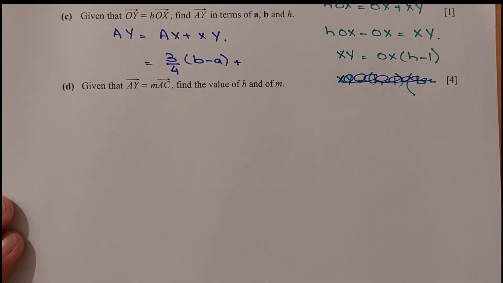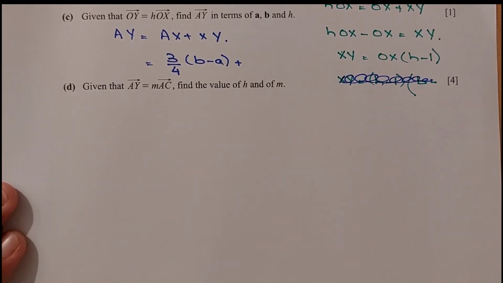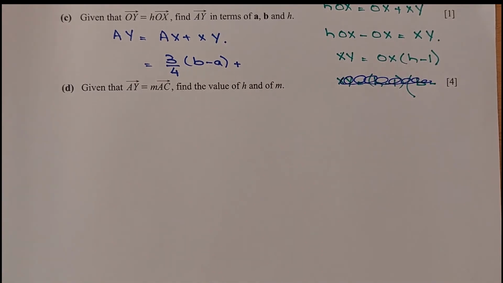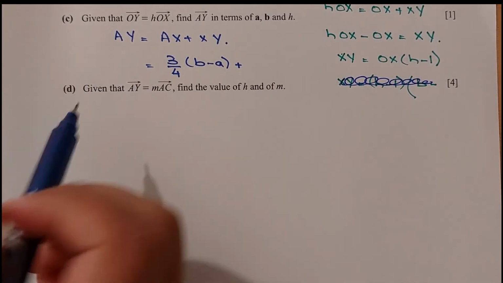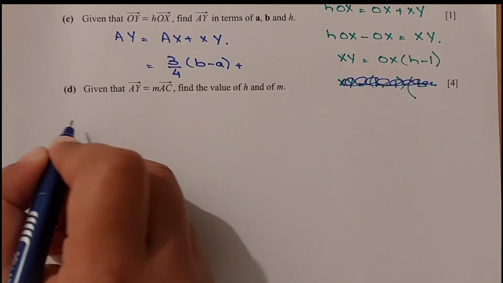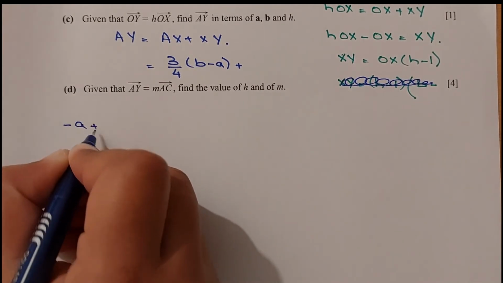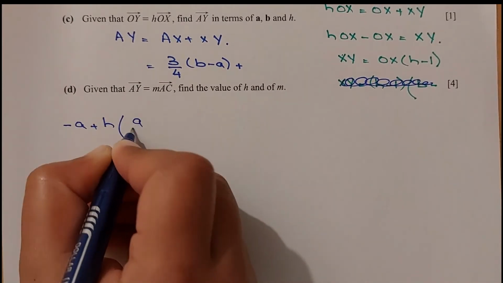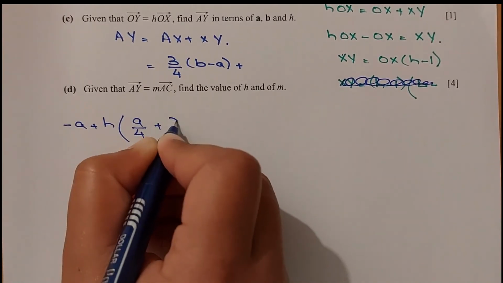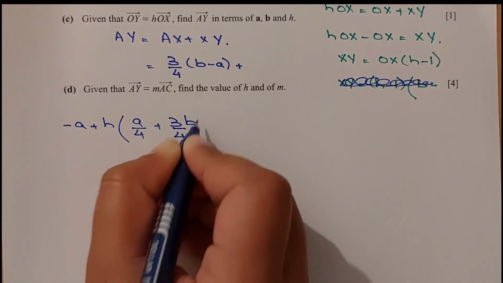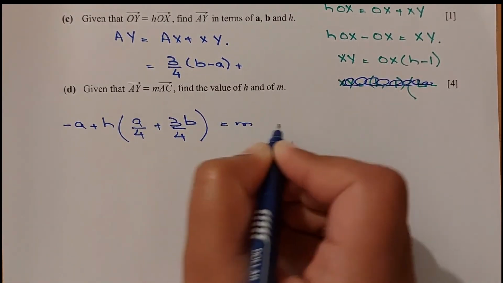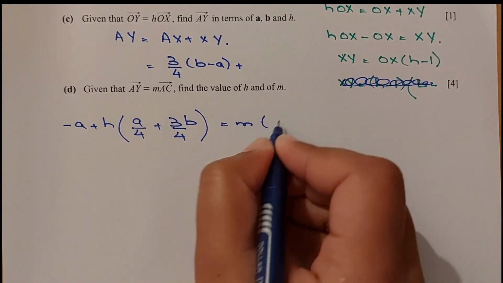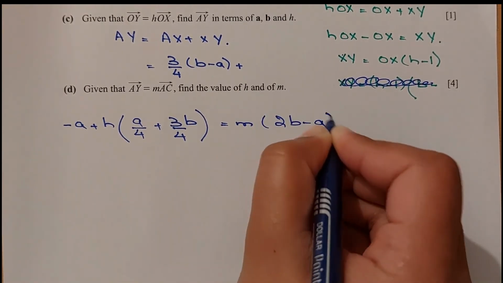Right. Now for the d part, given that ay equals m times ac, find the value of h and of m. So we got ay from the c part, that is equal to negative a plus h times a by 4 plus 3b by 4, and that is equal to m times ac, which is from the b part, that is 2b minus a.